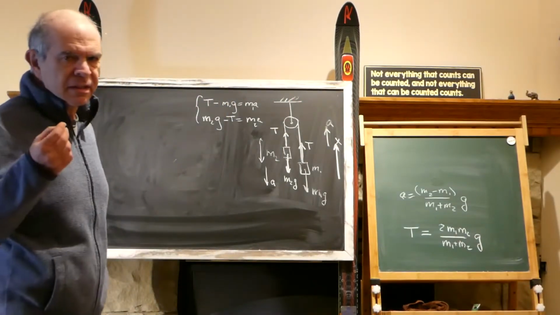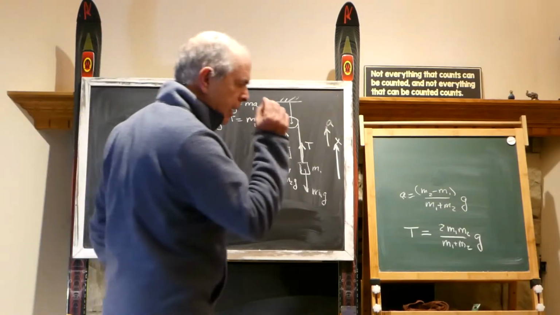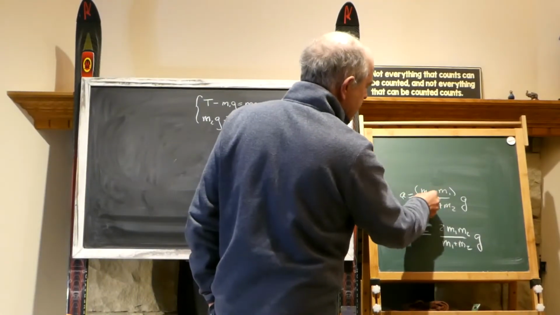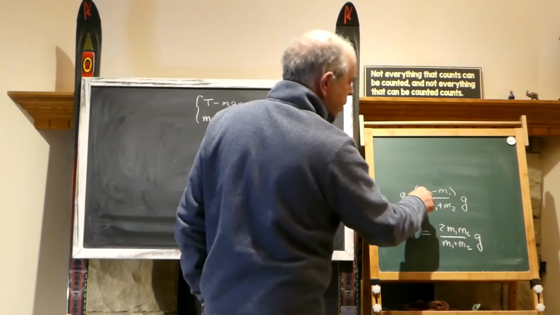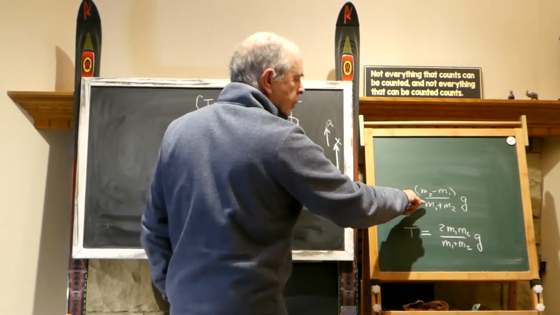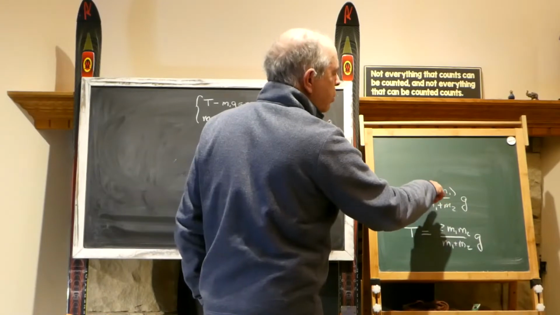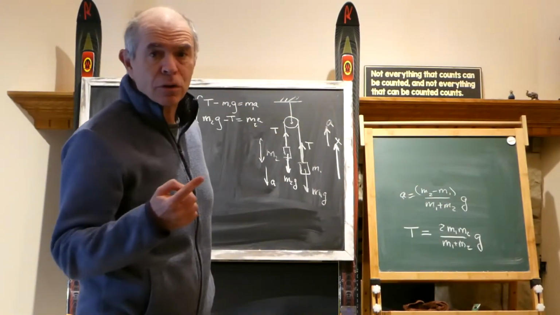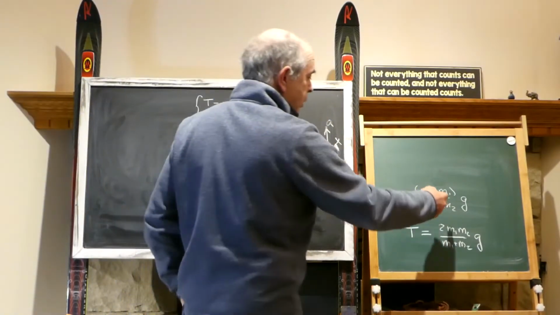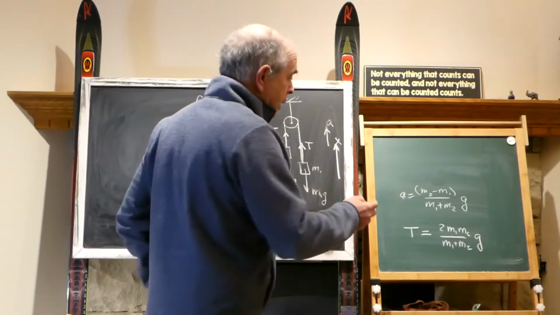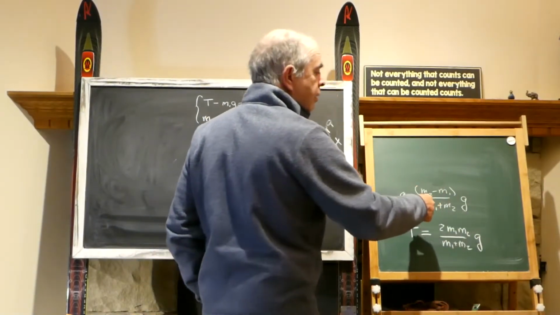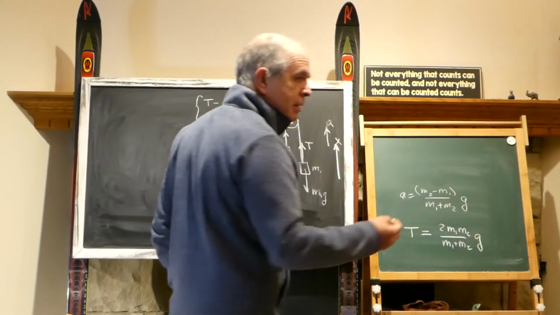Let's do several validations. First of all, see how I wrote this, with this ratio: mass on the top, mass on the bottom. This ratio has no units, because kilograms on the top and kilograms on the bottom just cancel out. So this is just a number, and G is acceleration.